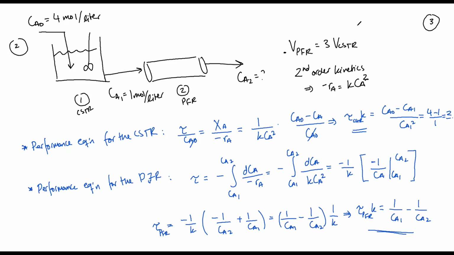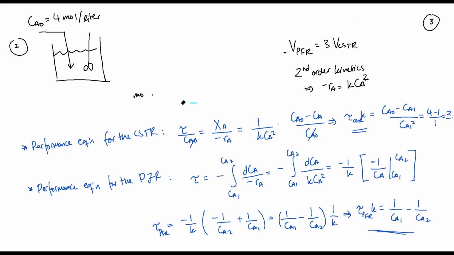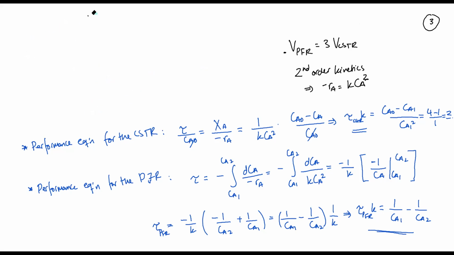So let me save this. Let me erase this figure. And now this will be page 4. Let me erase. Now I'm going to take these two and go here.